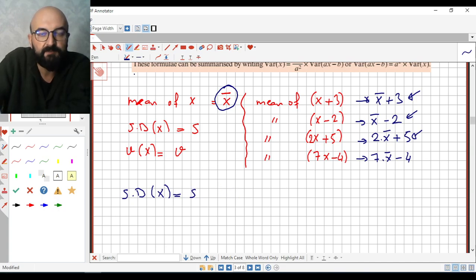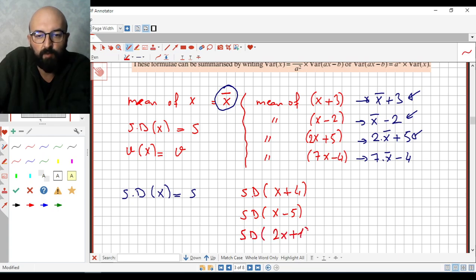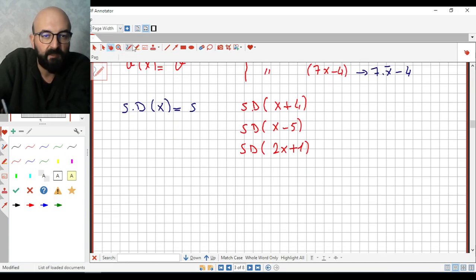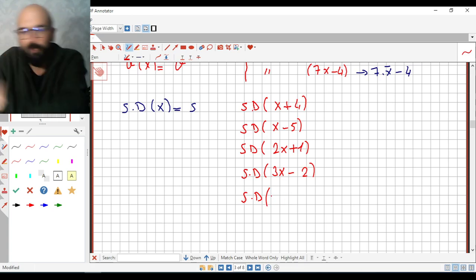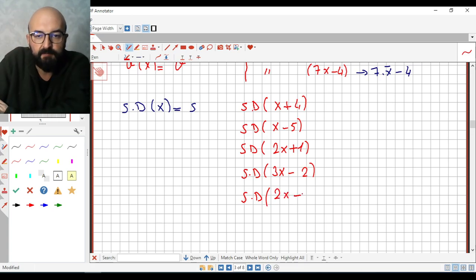If I want to write the standard deviation of x plus 4, the standard deviation of x minus 5, the standard deviation of 2x plus 1, for example, the standard deviation of 3x minus 2, and the standard deviation of, for example, (2x minus 3) over 5.